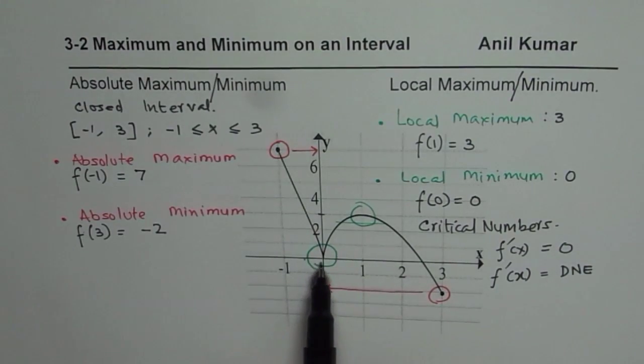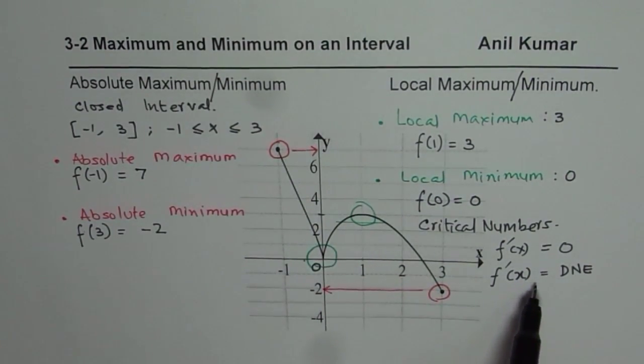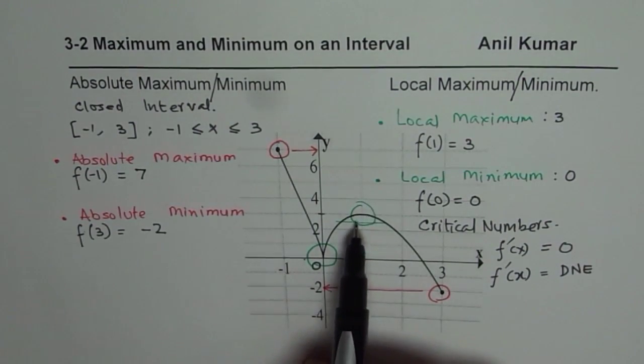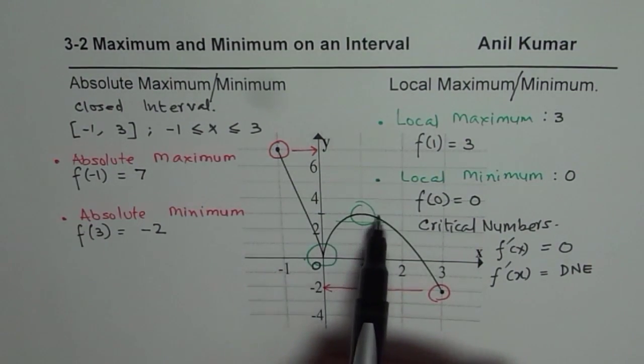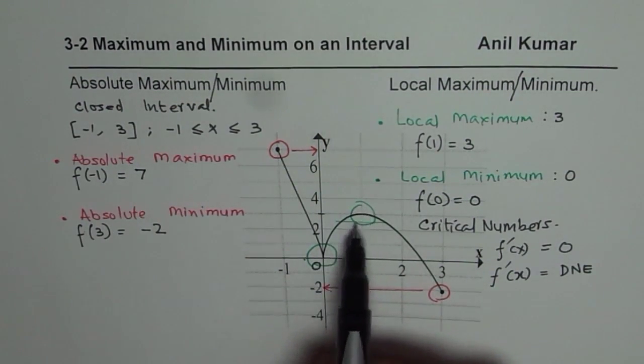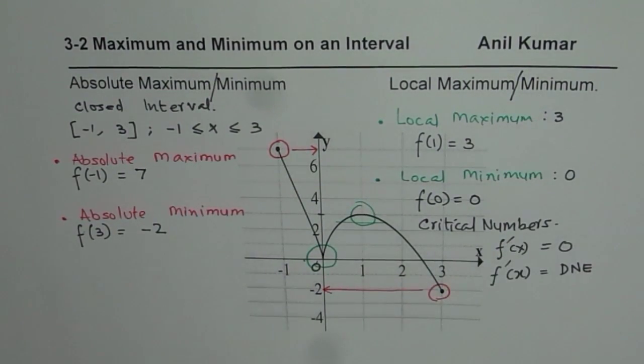You can see a cusp here at this point. At the origin, the derivative does not exist. And at that point, we have a derivative which is 0, a horizontal tangent. So at such points, we will get local maximum or minimum value.